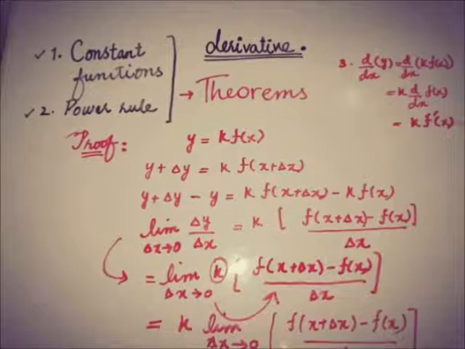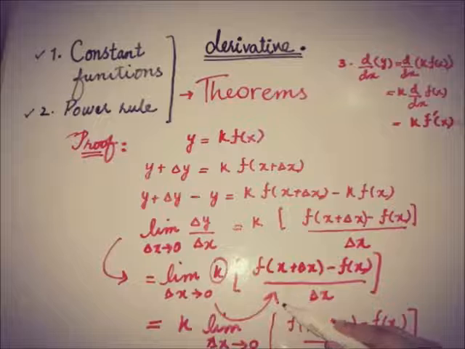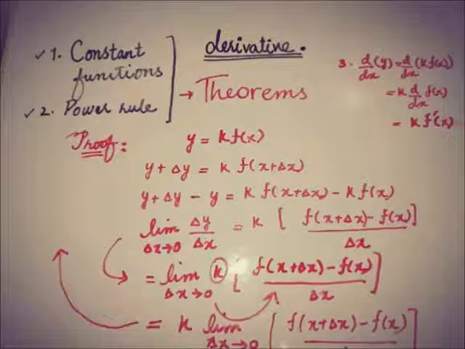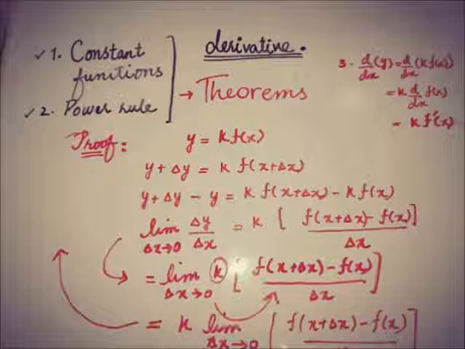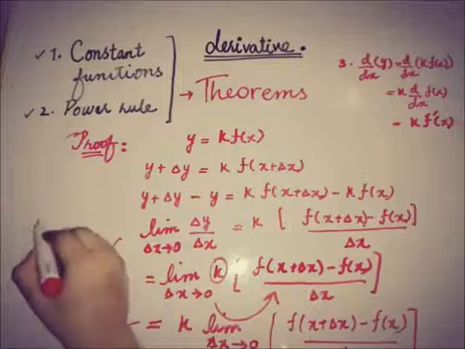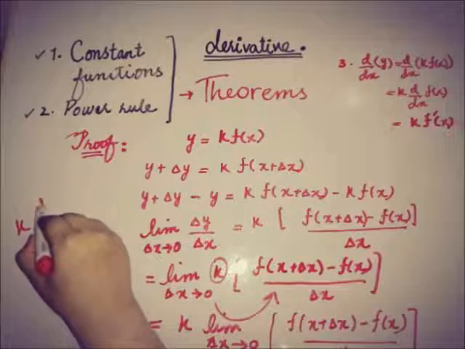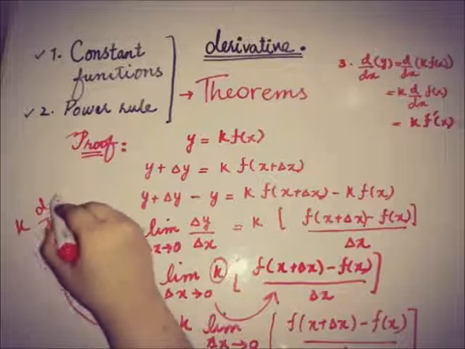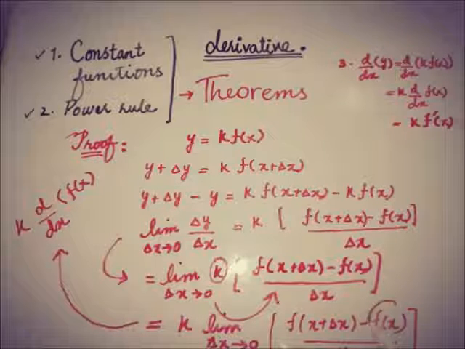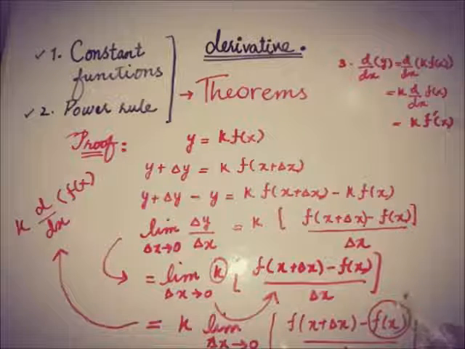Now we know that this factor with the limit is the definition of the rate of change. So we can write k with d by dx of the function f of x. This is the function f of x.